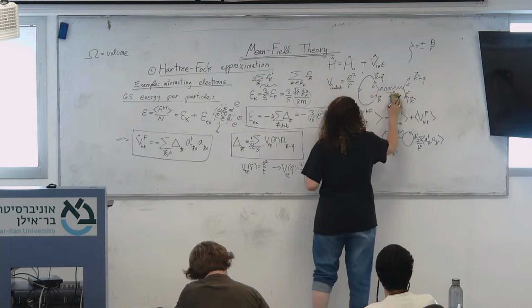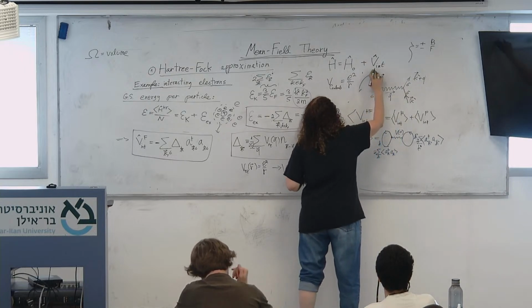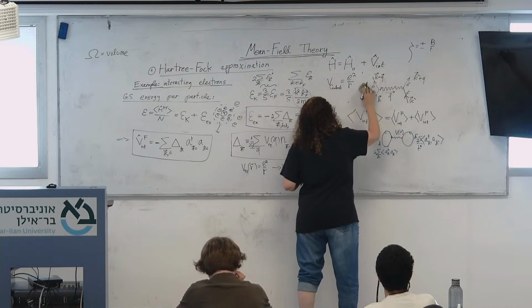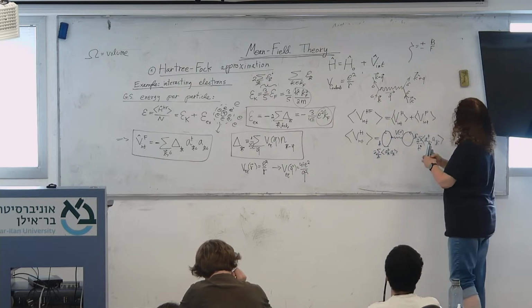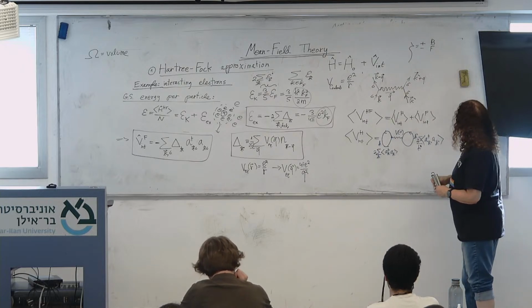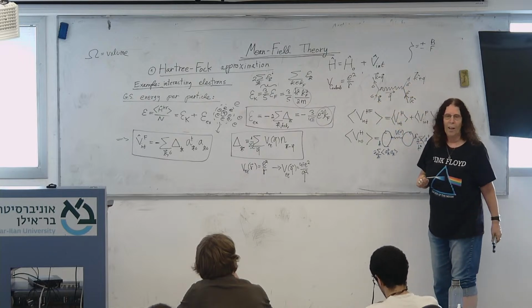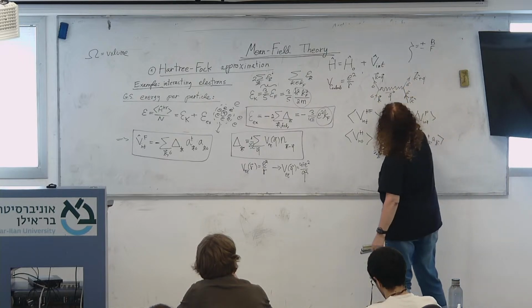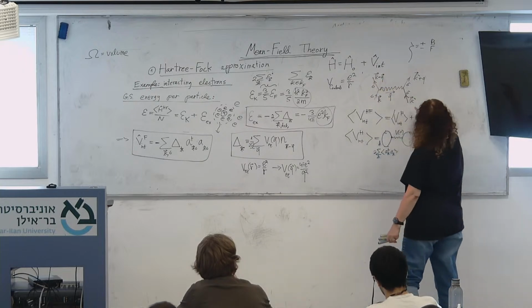And now q is no longer equal 0. So how can I close the legs? Instead of closing the loops here, I associate k minus q with k prime.